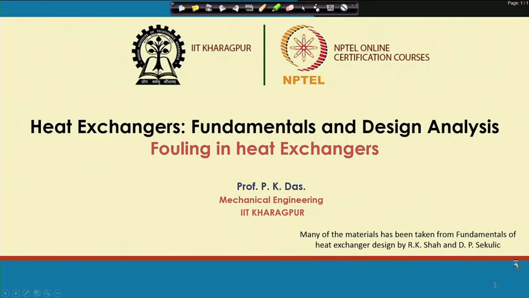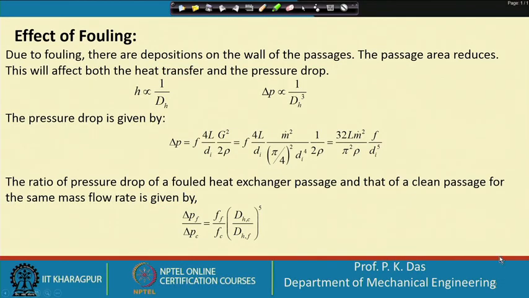Next slide, if we go, this slide probably I am repeating. Due to fouling, there is deposition on the wall of the passage. So, not only the cross sectional area of the passage, but the surface condition will also change.